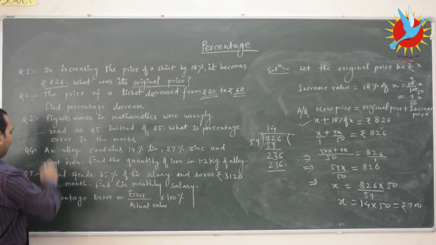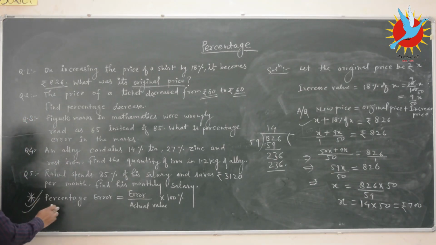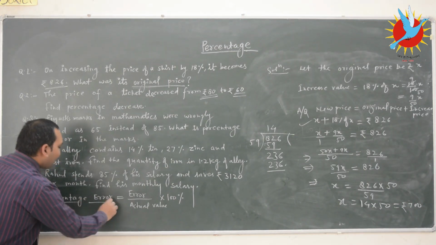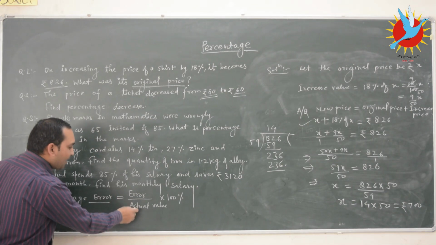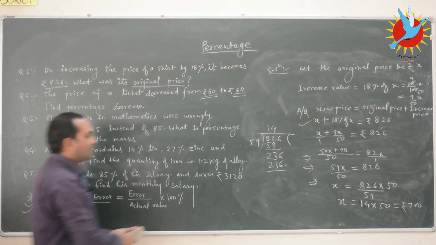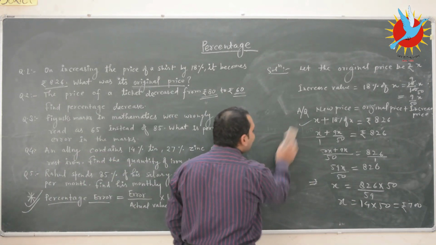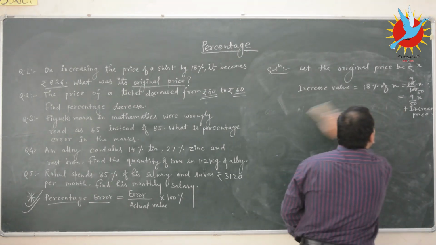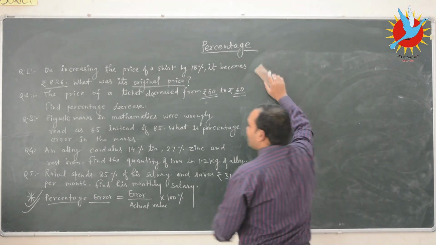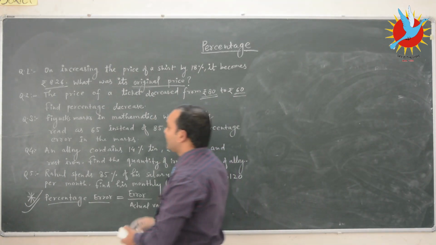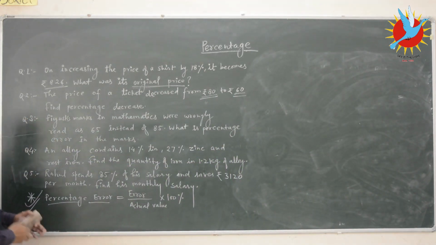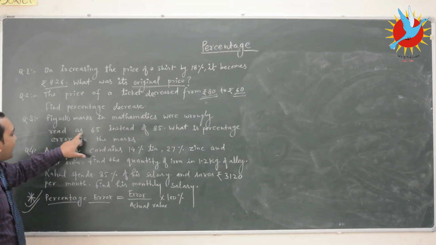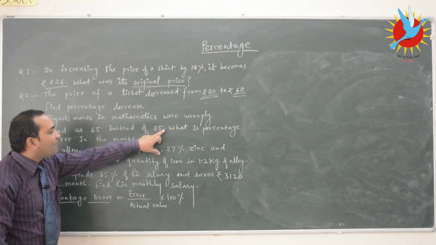Similarly, the next topic is percentage error. How can we find the percentage error? Error upon actual value into 100%. On the basis of this formula we solve question number 3. The given question: Piyush's marks in mathematics were wrongly read as 65 instead of 85.